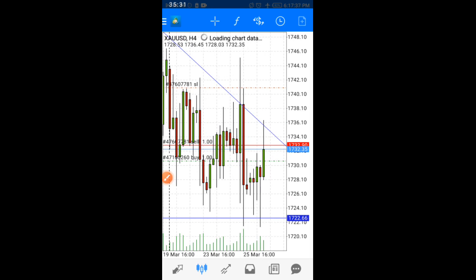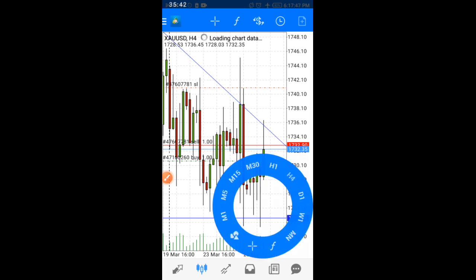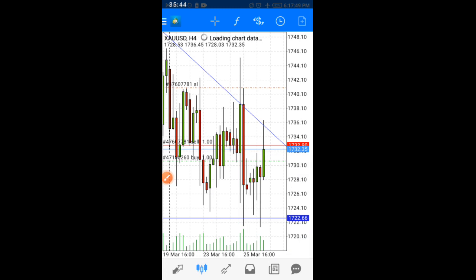This is a live chart, but I opened it a few minutes ago before I started. And see the line I drew here. This is a support area. This line, 1722. This is gold. So it's a major level. You can see the way price kept reversing there.